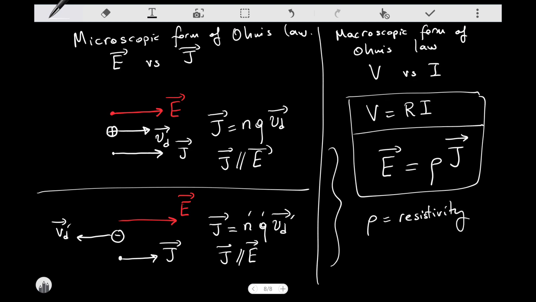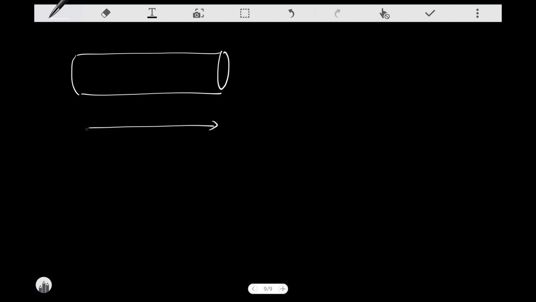We can easily find the relationship between the resistivity and resistance, at least for some simple cases. So we consider a wire with a length L, cross-sectional area A, and the question is, if the resistivity is rho, then what is the resistance?